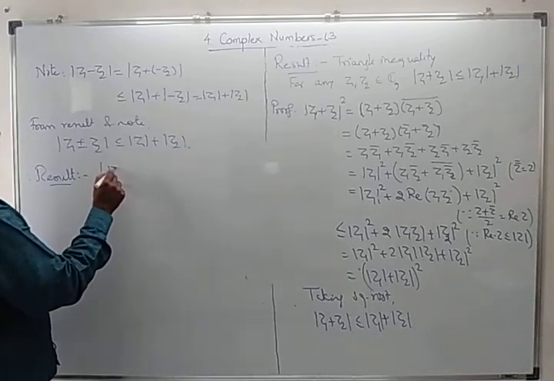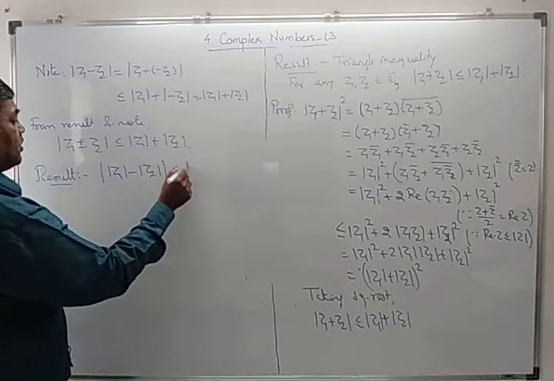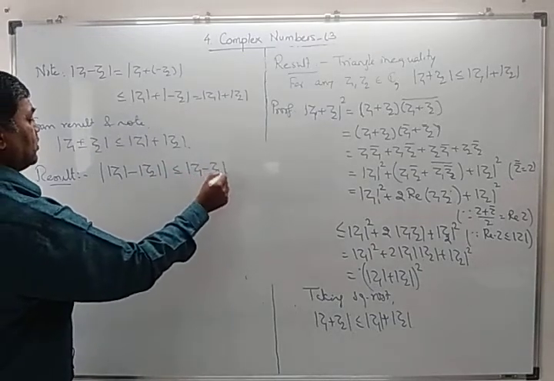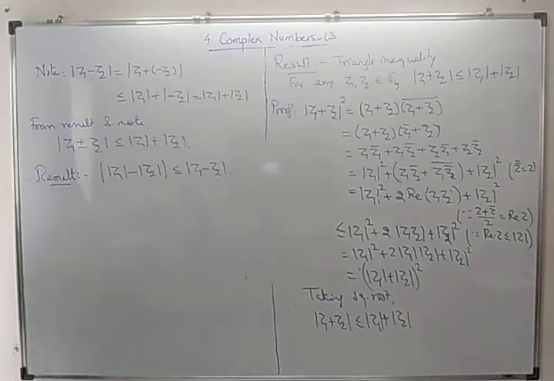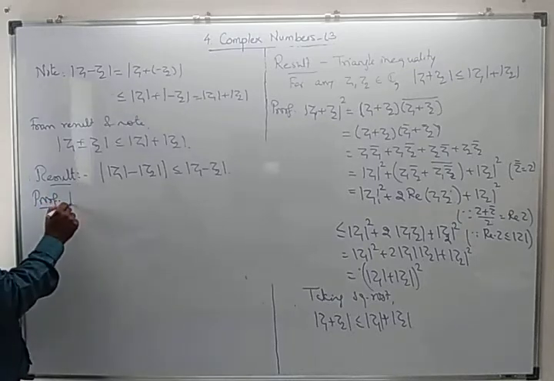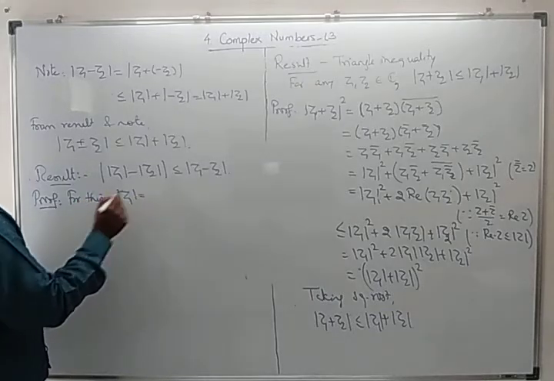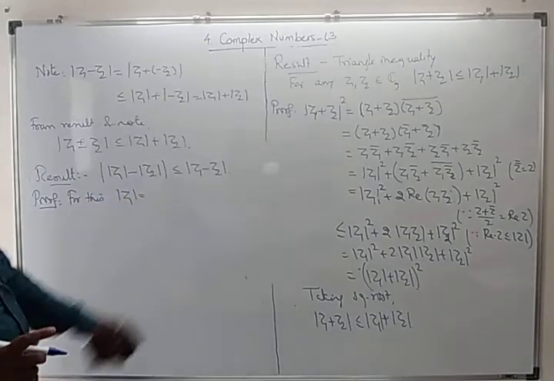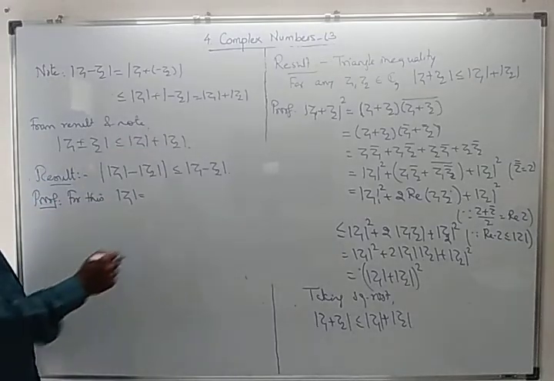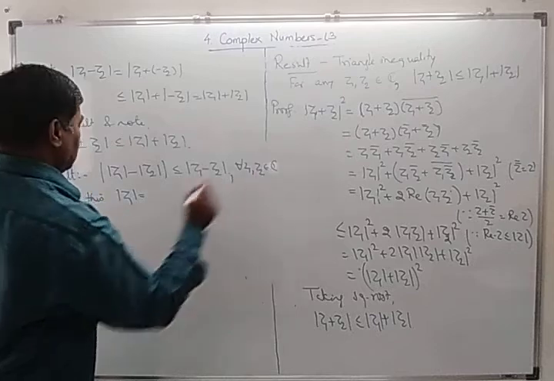Next result: mod of (mod Z1 minus mod Z2) is less than or equal to mod of Z1 minus Z2. So, proof. For any Z1, Z2 belongs to C, we have this one.